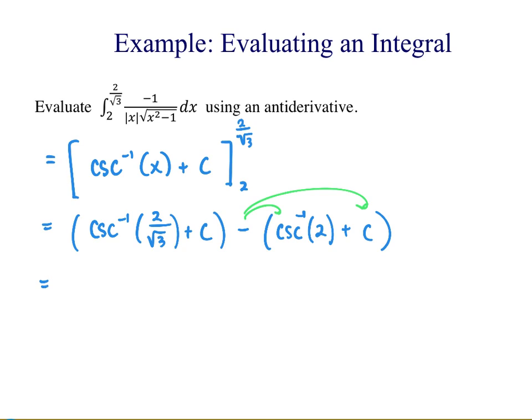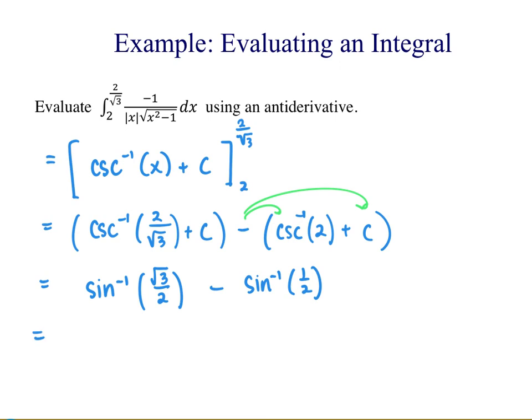All right, now to evaluate this, when I'm doing inverse trig, I always switch it to its companion, its reciprocal. So cosecant inverse could switch to sine inverse, and then I can deal with rad 3 over 2. And then minus cosecant inverse can turn to sine inverse, and I can look at half.